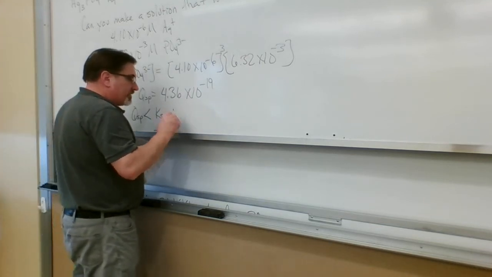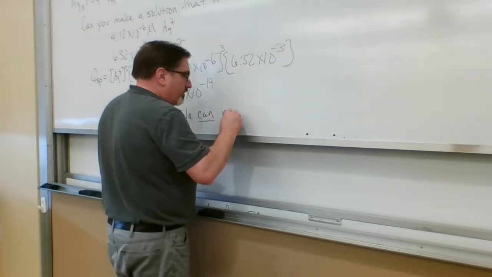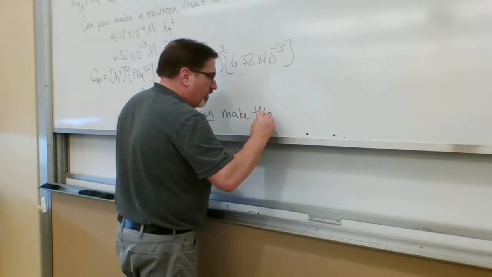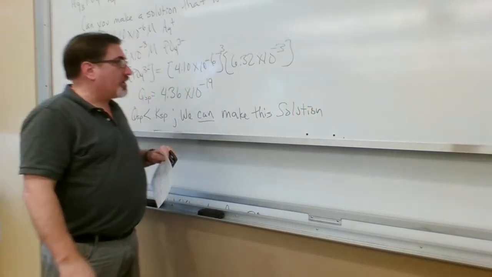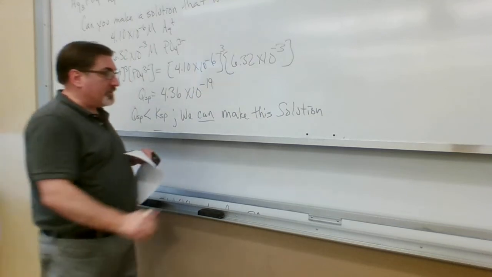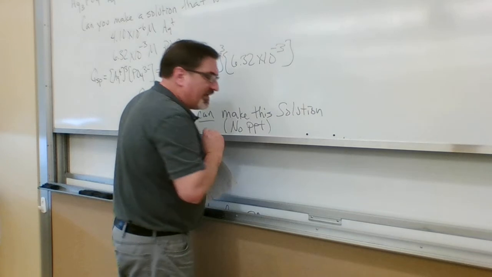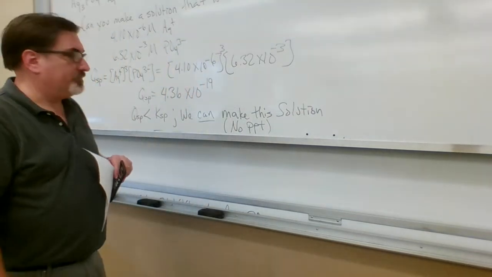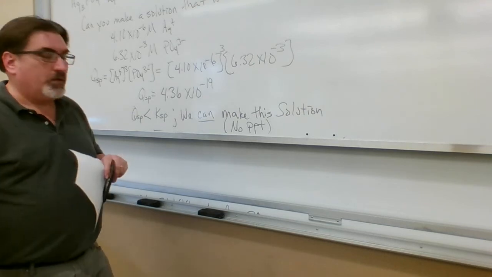And that means that we can make this solution. Any solution in water that has these concentrations of silver and phosphate will not precipitate. PPT is what we usually abbreviate precipitation with. So no precipitate forms, we can make the solution.